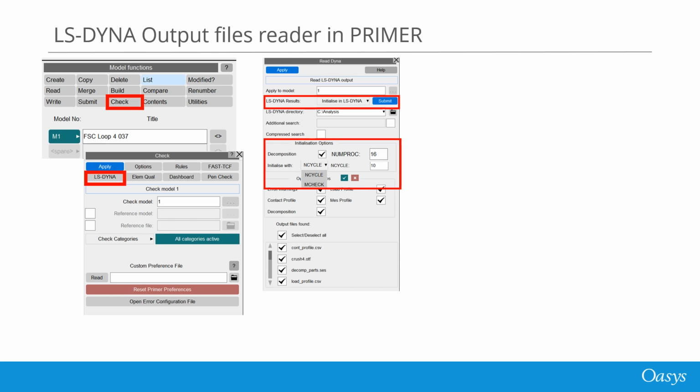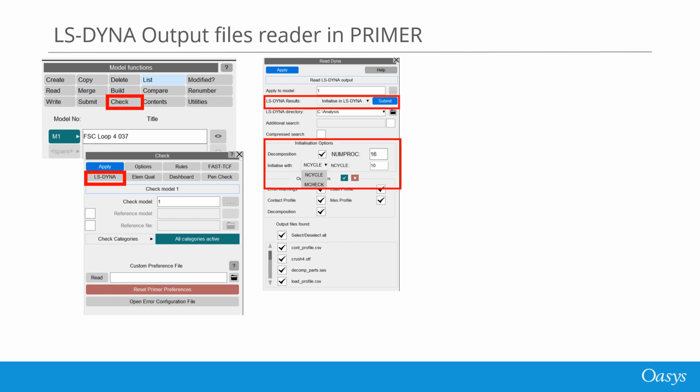For the decomposition, you can specify the number of processors to however many CPUs that you want to test the decomposition on. For example, you may want to run the HPC with 16 CPUs as a standard, but first want to check how this model will be decomposed in the local LS-DYNA.